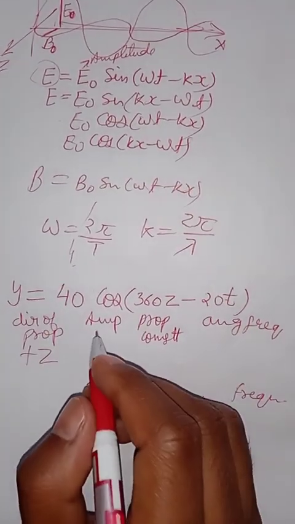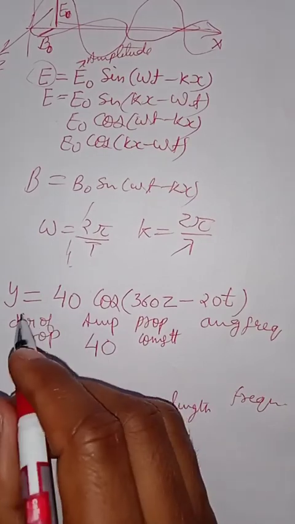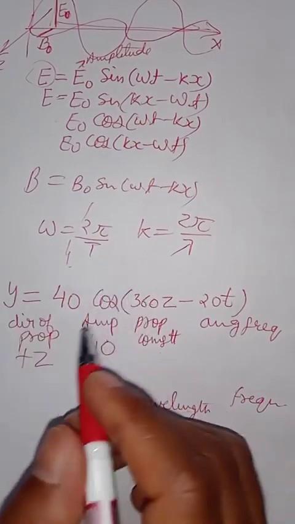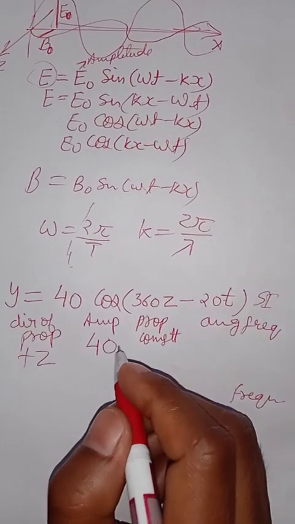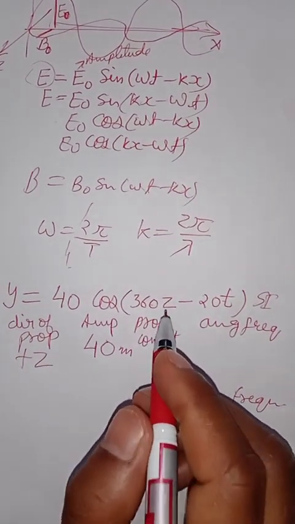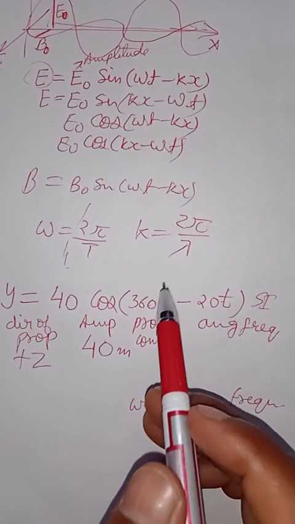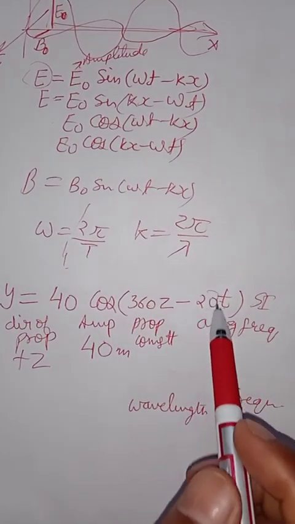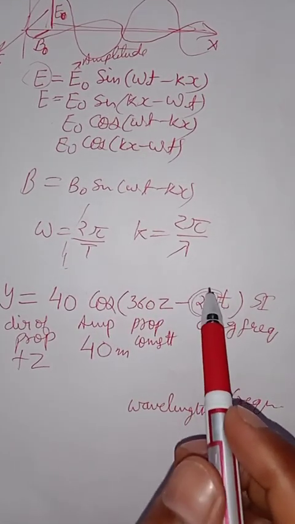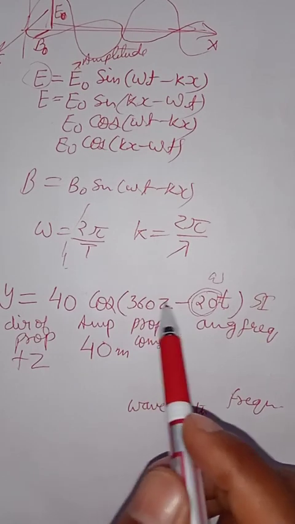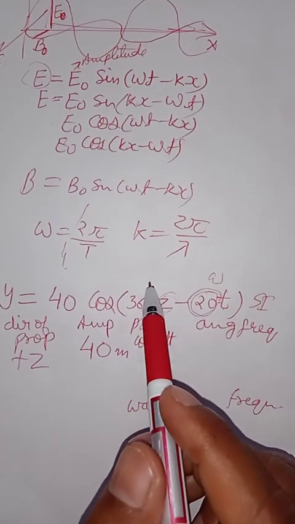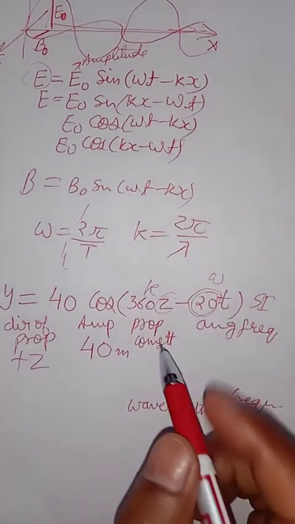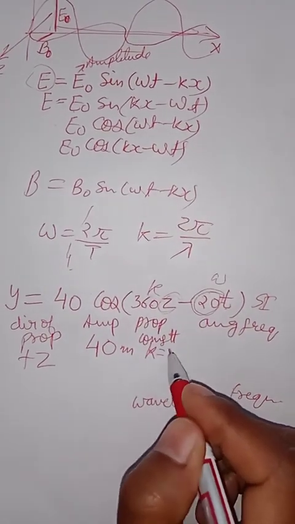Amplitude 40. I haven't mentioned the unit of displacement here, so let us suppose it is in SI units, so 40 meter. Propagation constant: we know that the t term has a multiple which is omega, so the coordinate term will have a multiple which is k. So propagation constant k is 360.